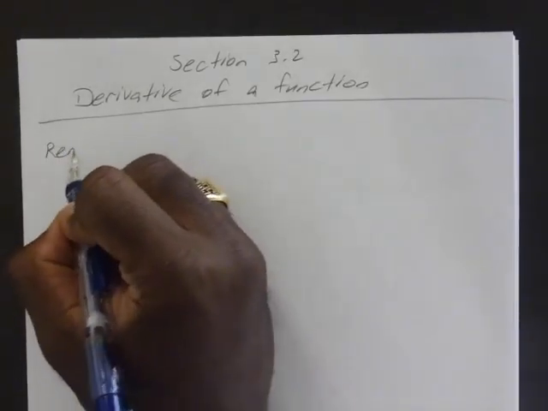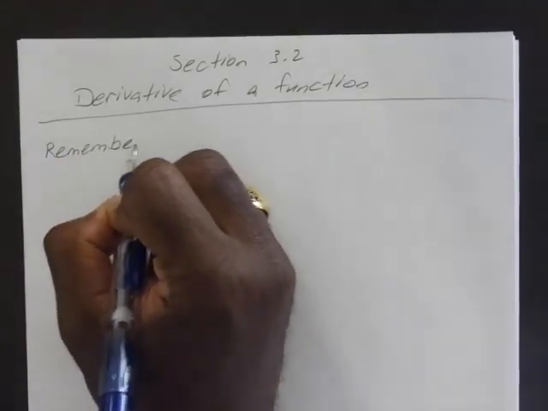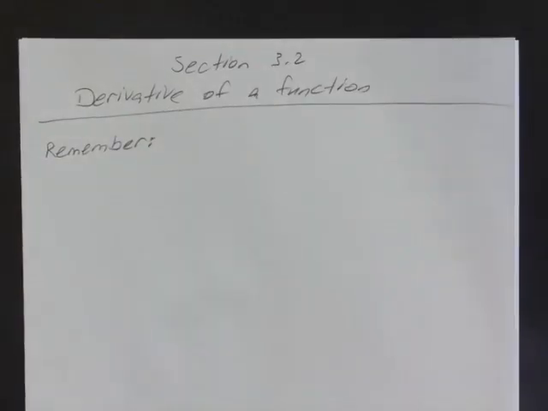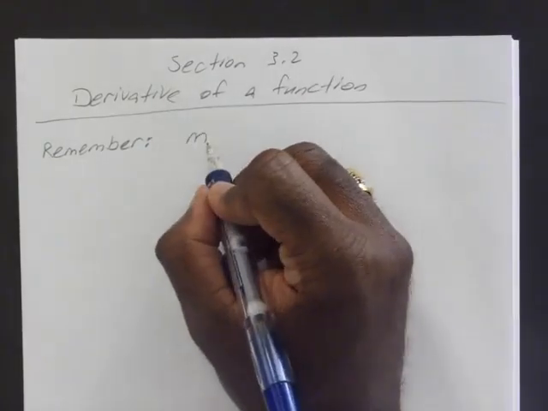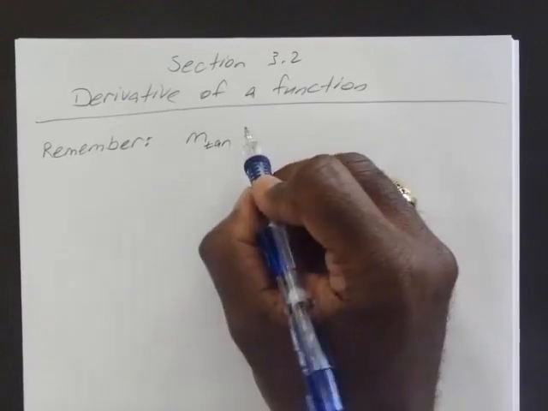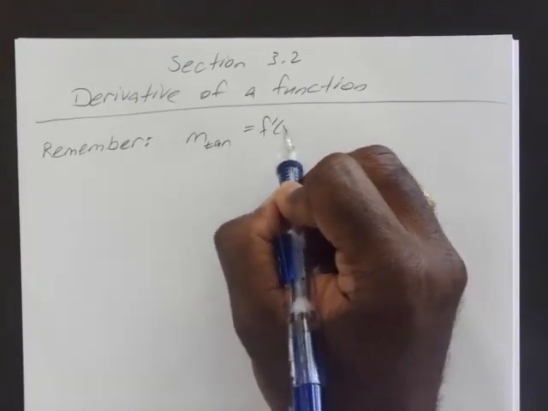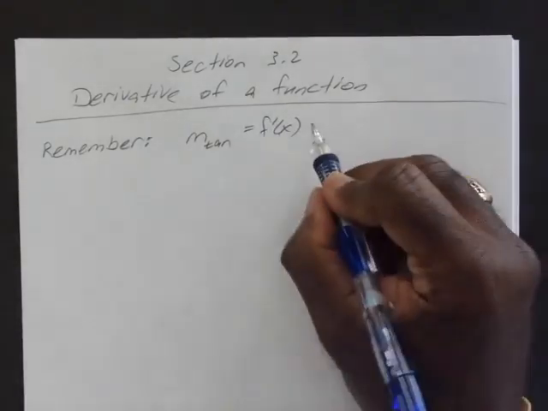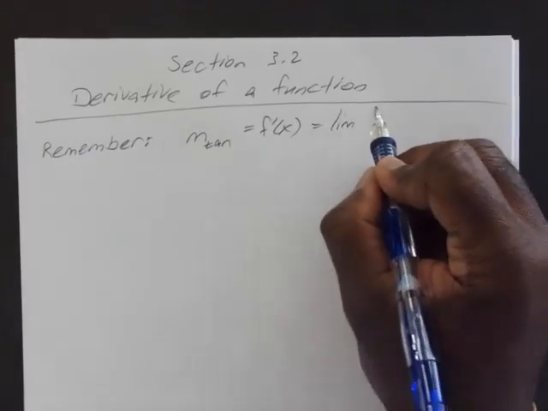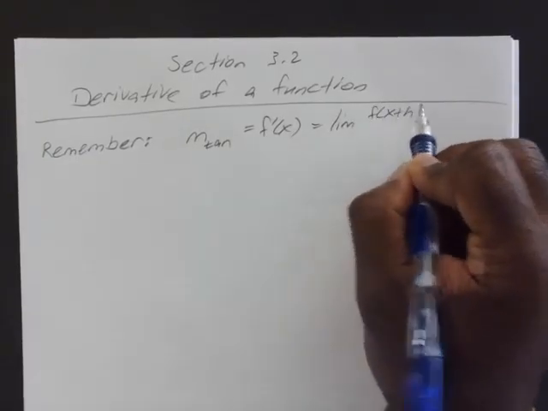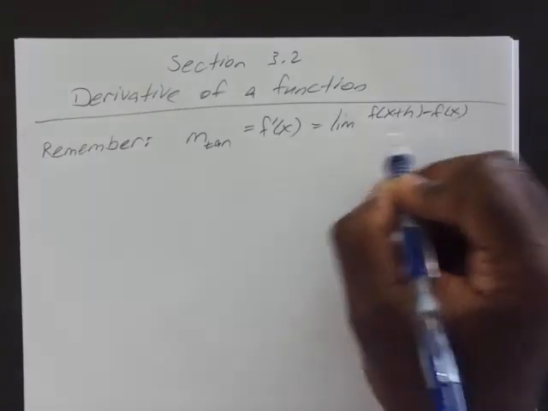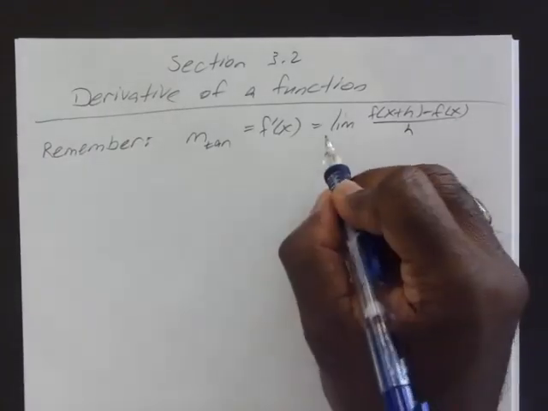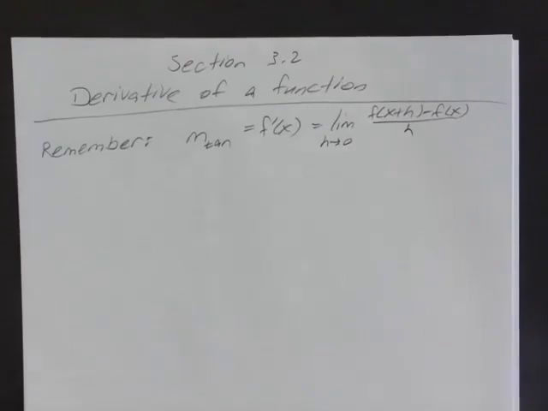So if you remember, which you should because we discussed it a few minutes ago, the slope of the tangent line is just your first derivative, which is the limit of f of x plus h minus f of x all over h as h approaches 0.